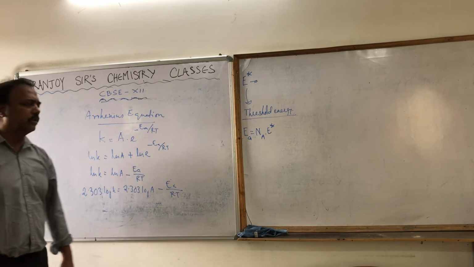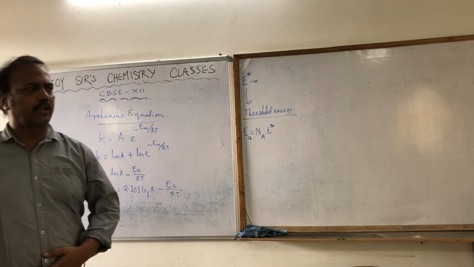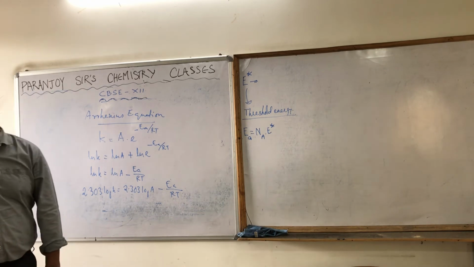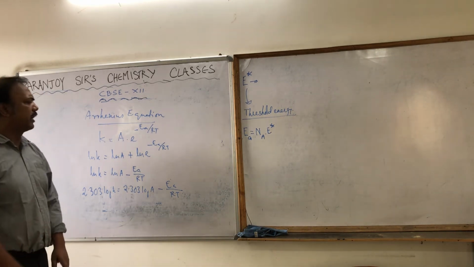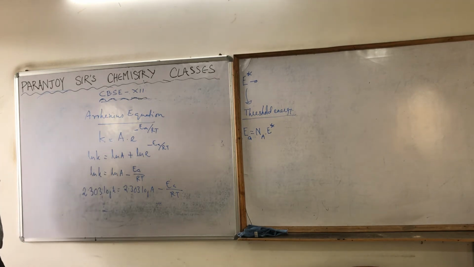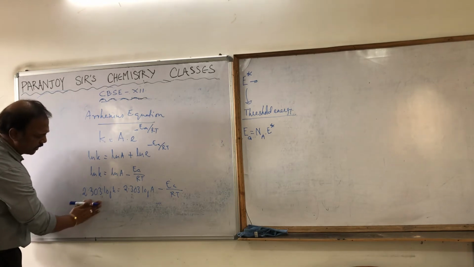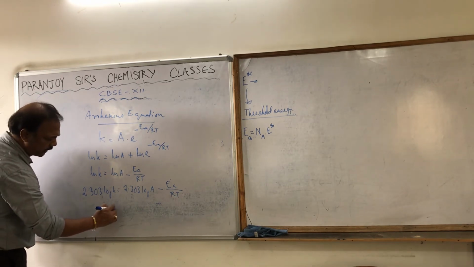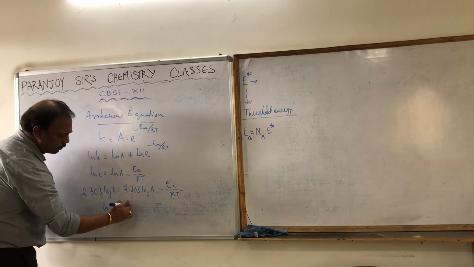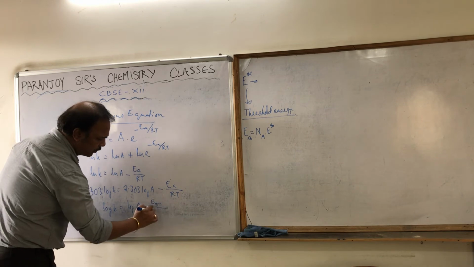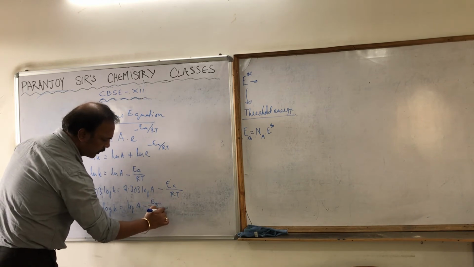Next you write, dividing both sides by 2.303, just to simplify it, that's nothing. What do we get? If we divide this by 2.303, log k should be equal to log A minus Ea by 2.303 RT.